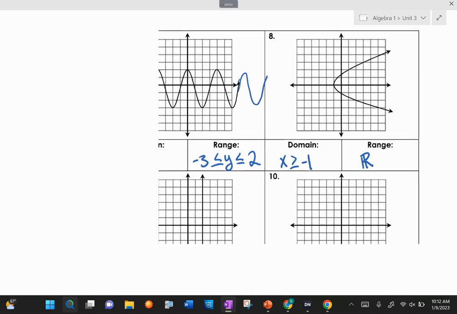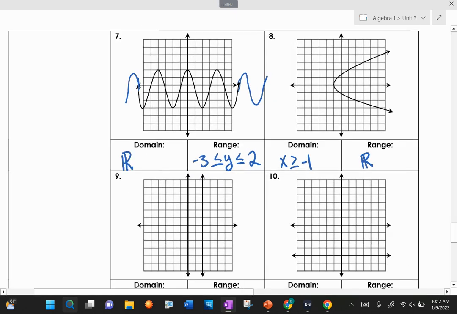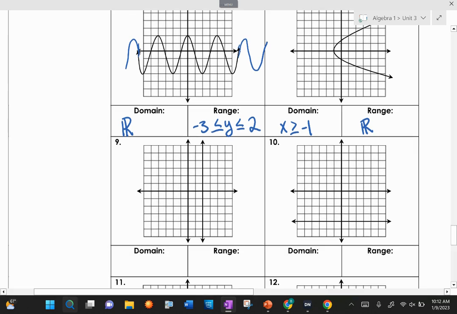Okay. Number 9. All right, so this one is hard to see. Here are your axes. It's axes. You're right. What am I talking about? I only have gone to school for this. I'm a lawyer. I don't have a math degree.